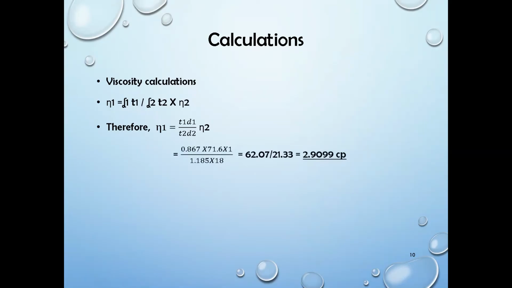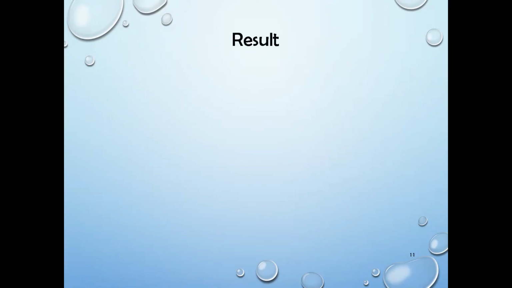After substituting the values of time of flow and density, we get the equation 0.867 into 71.6 into 1 divided by 1.185 into 18. Upon simplification, the value obtained is 2.9099 centipoise. So the result of the practical is that the viscosity of the unknown liquid was found to be 2.9099 centipoise at 25 degrees Celsius.